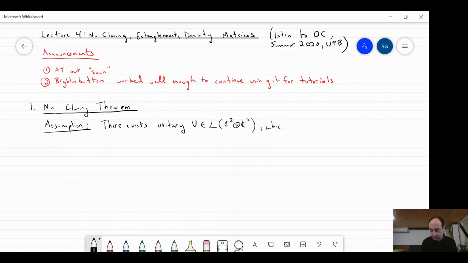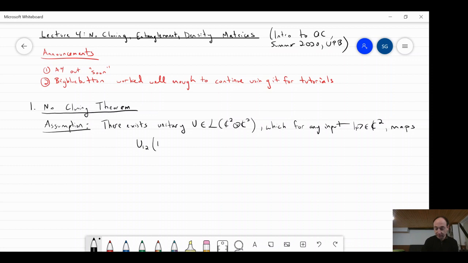which for any input psi, a single qubit state, for any single qubit state psi you give me, will map, so let me be clear, U acts on 2 qubits, 1 and 2.